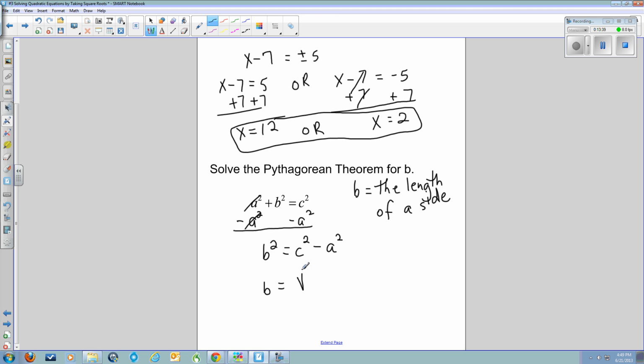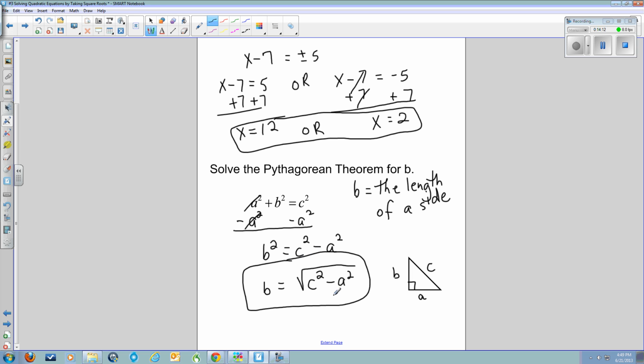We're just going to have the positive version of c squared minus a squared. Because basically, I'm going to draw a picture here. So here's a right triangle. Let's say this is side A, B, and C. C is the hypotenuse. And this is the formula we would use to find the length of side B. So if it's the length of a side, it cannot be a negative number.